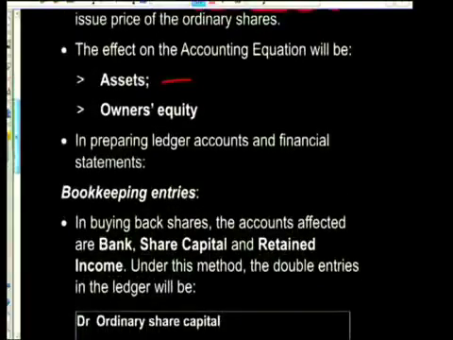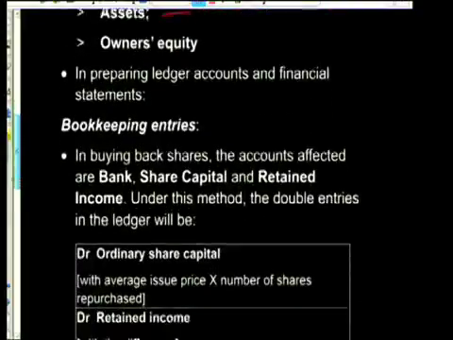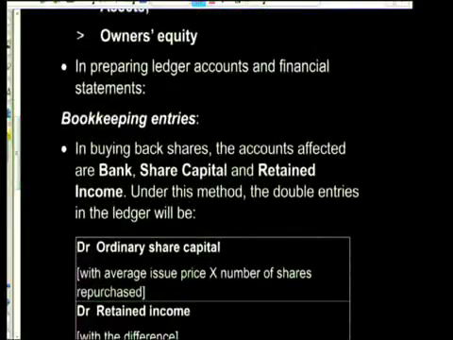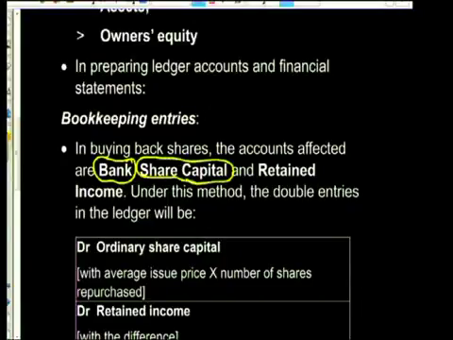Which account will decrease? My share capital and my retained income. Let's look at the bookkeeping entries. In the buyback of shares, the accounts that will be affected by the transactions are: one, my bank account; two, the share capital account; and number three, the retained income account.